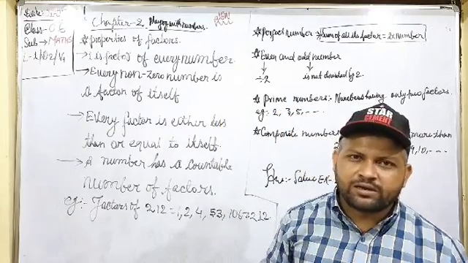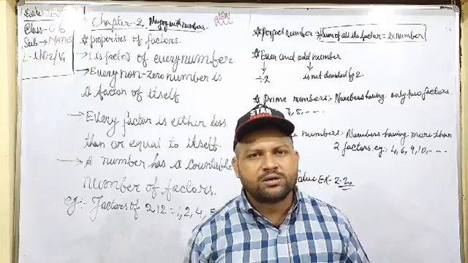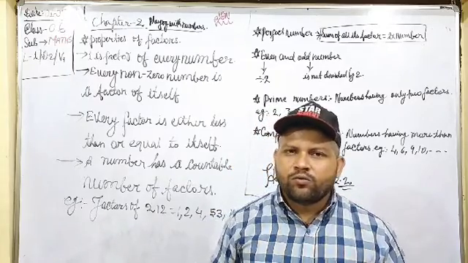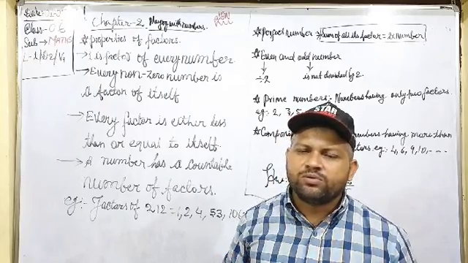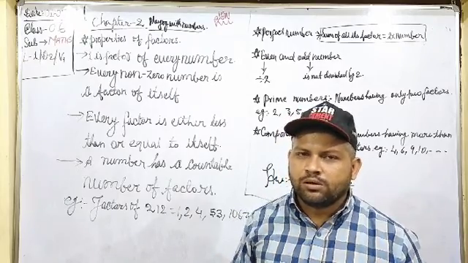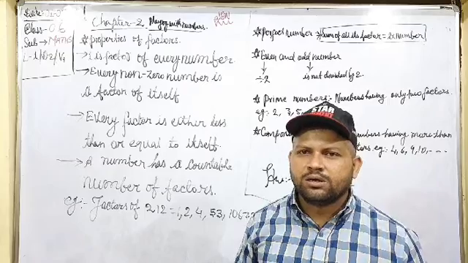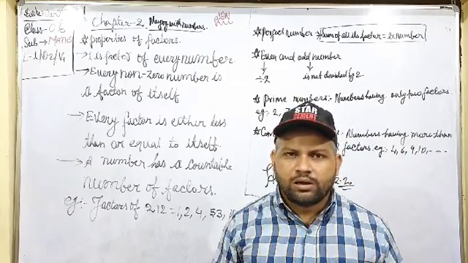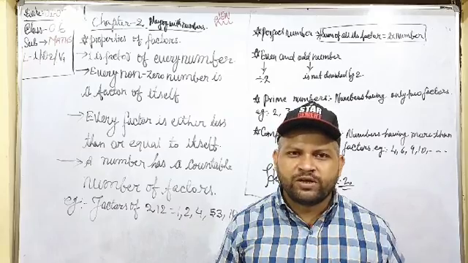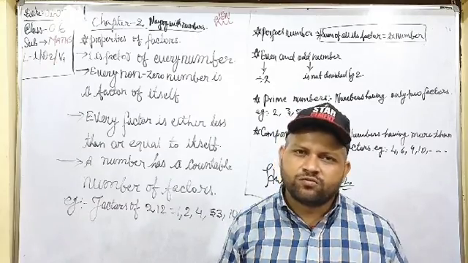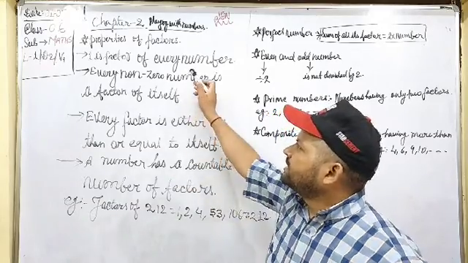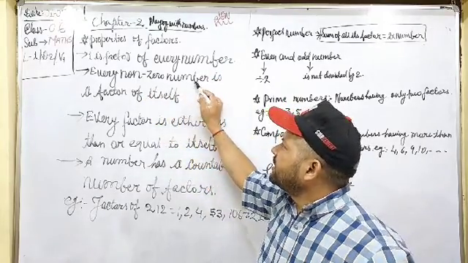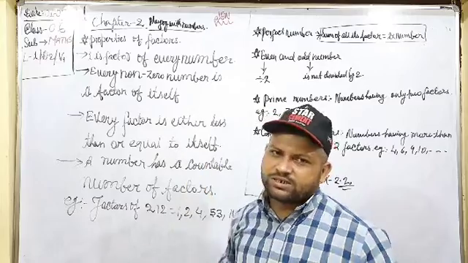When you write factors of any number, you will observe that one is a factor of every number. No number is of that type which has no factor as 1. So 1 is a factor of any number, and every non-zero number is a factor of itself.